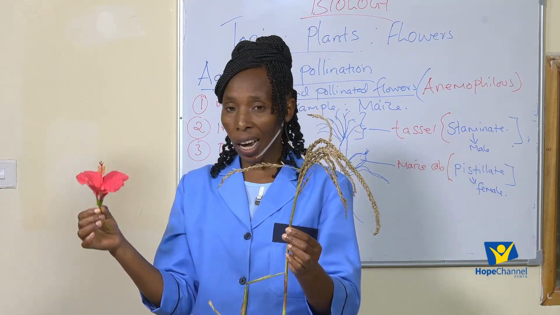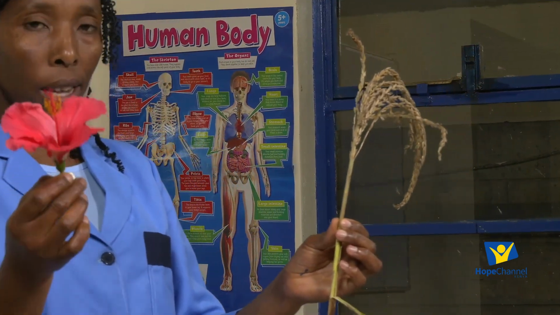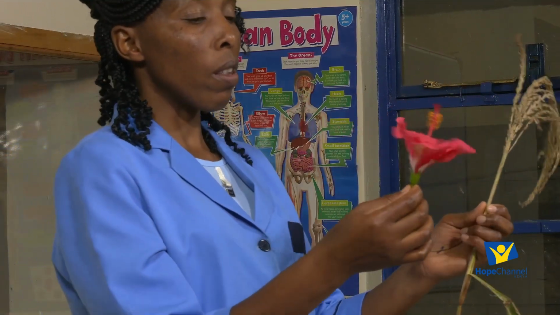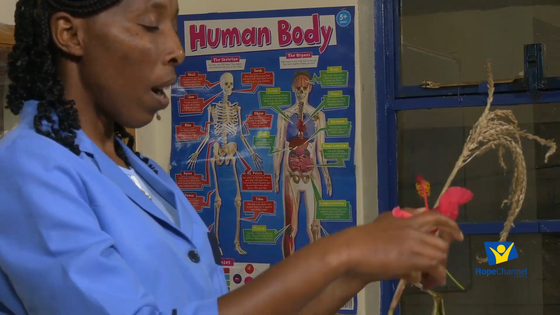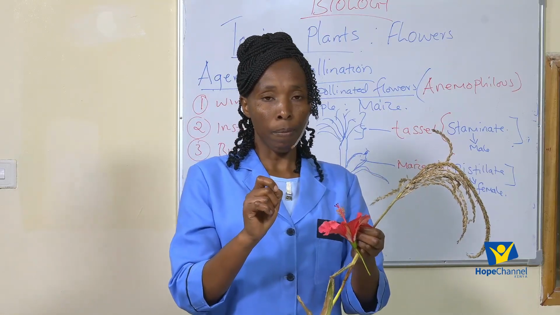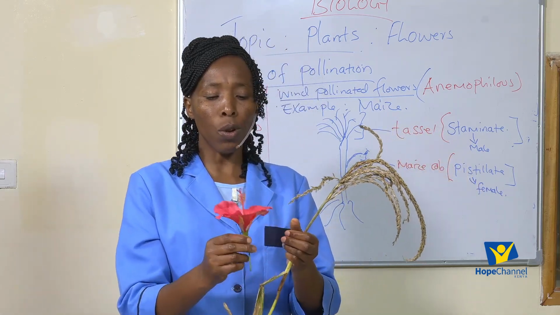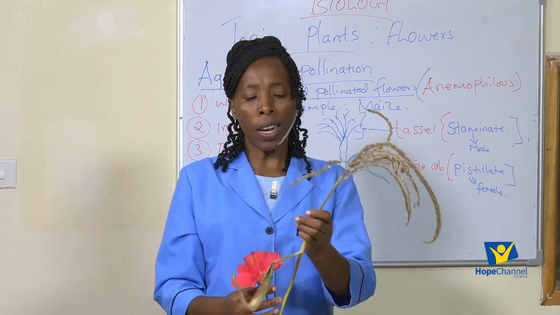Remember we said the petals are colored. Why are the petals colored? To attract insects. Remember insects always move from one flower to the other, from one plant to another, in search of nectar. So you realize that those flowers, mostly they are what? They are scented. Unlike these flowers.